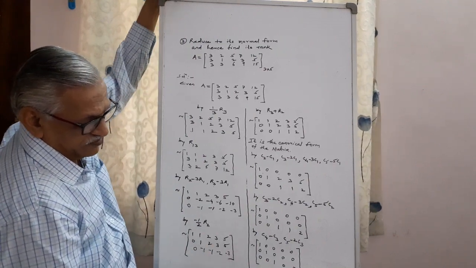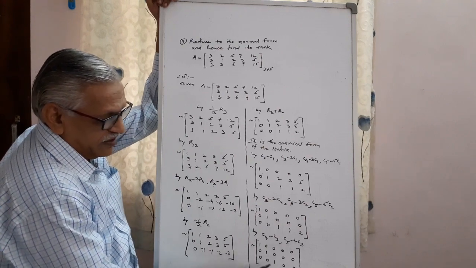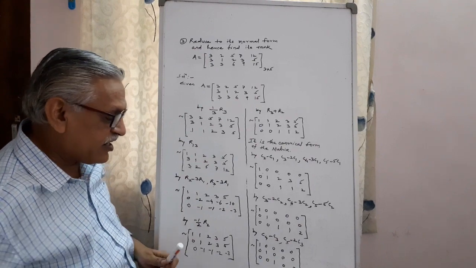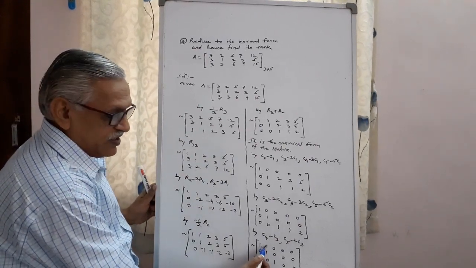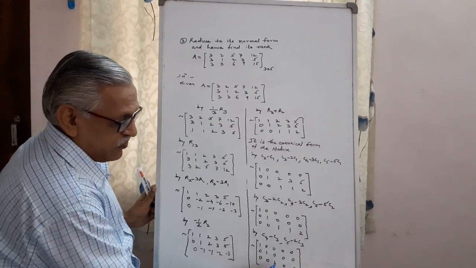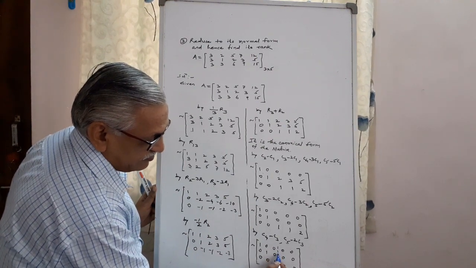Therefore, whatever last matrix we are getting is the normal form. We separate the identity matrix from it. What is the identity matrix here? It is 1 0 0, 0 1 0, and 0 0 1. Therefore, I will separate it by a dotted line.